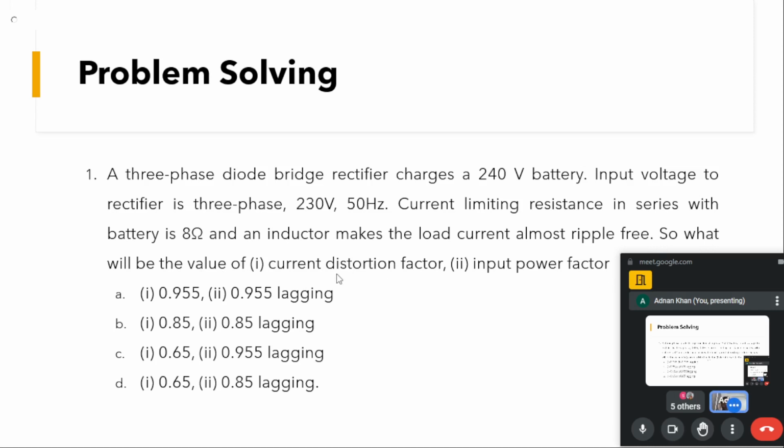Four options are given, A, B and so on. I won't tell you to guess because this is a numerical problem and we have to approach it properly, and I'll show you how to solve this problem.